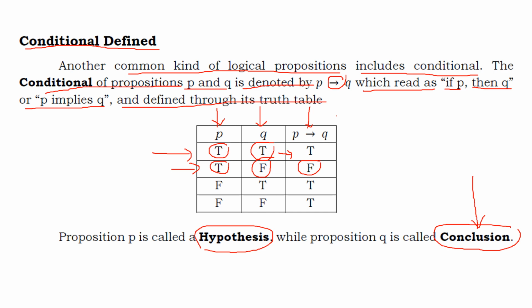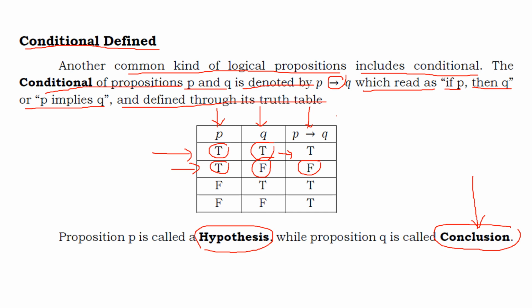That's why the truth value in the third column will be dependent on your conclusion.